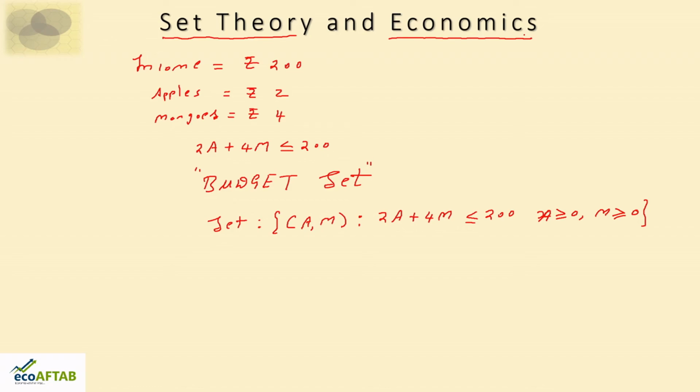Now let us see one more thing. I'll solve one or two examples to see how the interaction of union and intersection works out, and then I'll stop my class. So let us see a few problems. The first problem: there is a set A which has 4 elements, cardinality 4: 2, 3, 4, 5.